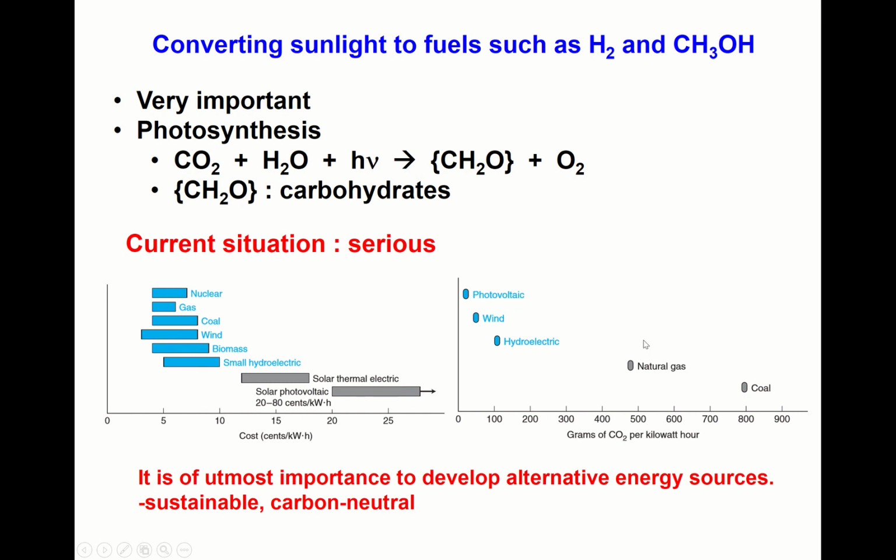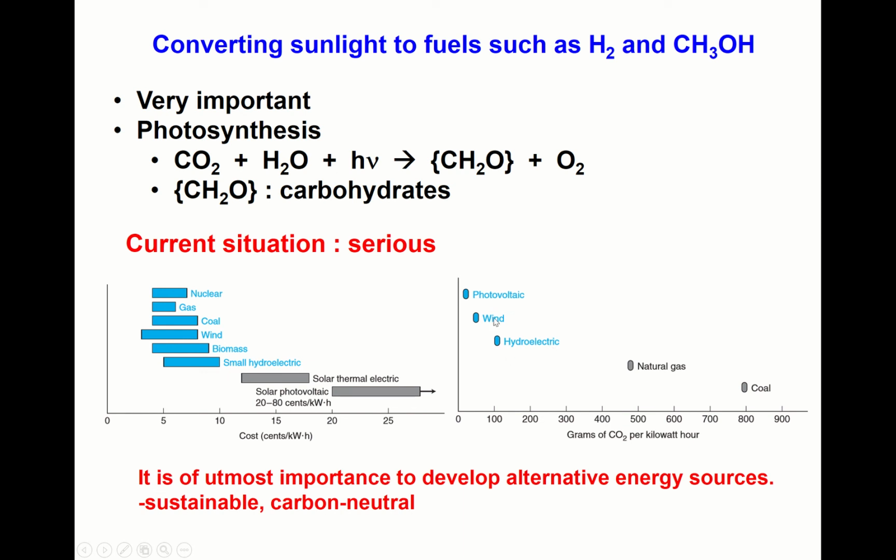And the next figure shows the CO2 generation per kilowatt hour. As you see, if you use gas or coal, the CO2 production is a lot. Hydroelectric power also produces some amount of CO2.